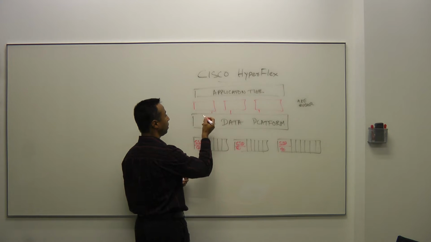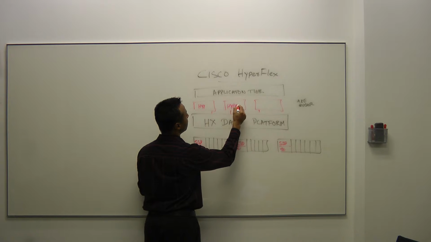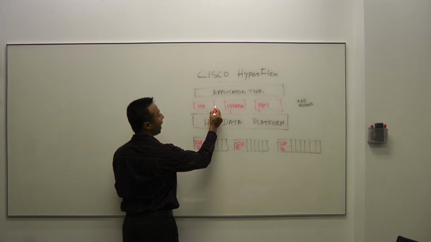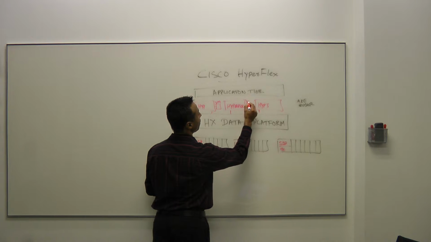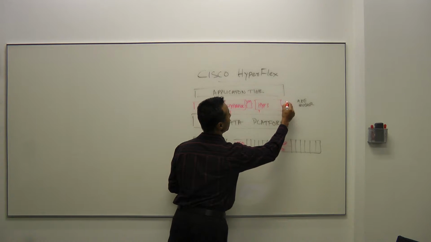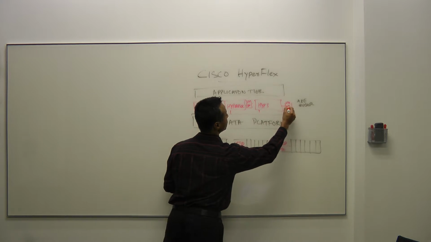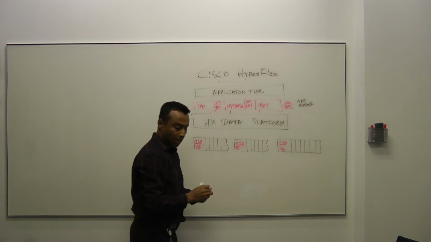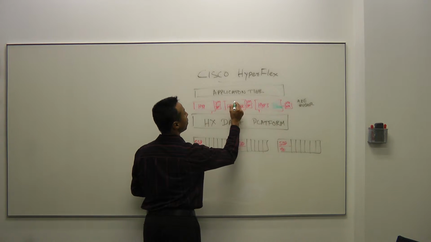Each node will have its own hypervisor running on it. And we install another VM on each of the hypervisors. This is the management VM for HX. The HX software launches this, it gets installed, and then on the hypervisor we embed a small piece of software, without getting into the kernel, called IO Visor.